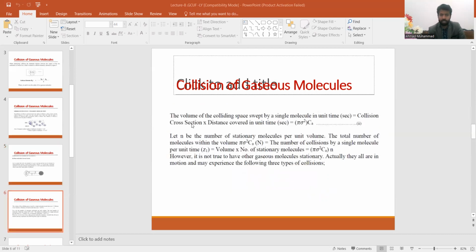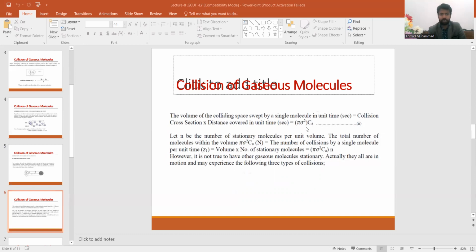So we can say that the colliding space swept by a single molecule in unit time is equal to its area and the distance covered in unit time, which is actually equal to its velocity. So the final relation is the area multiplied by velocity. Area is pi sigma square, multiplied by velocity Ca.